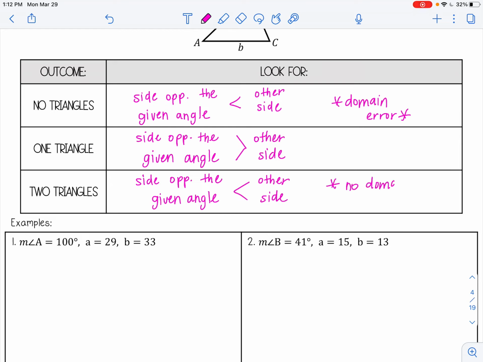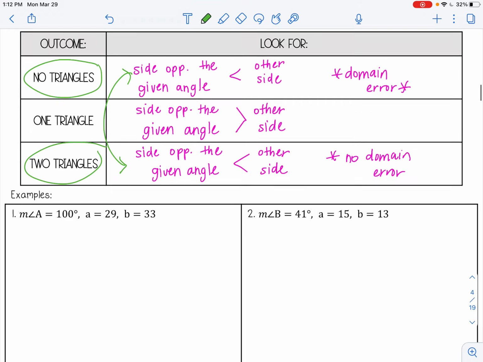It's going to actually give you an answer. So these two go together. They're going to have the same beginning, but the domain error is going to tell you whether there is no triangle or one triangle formed.